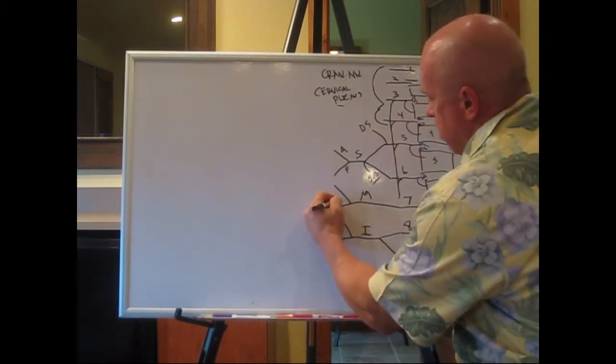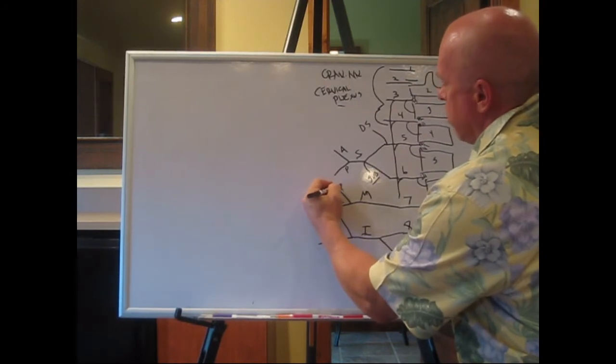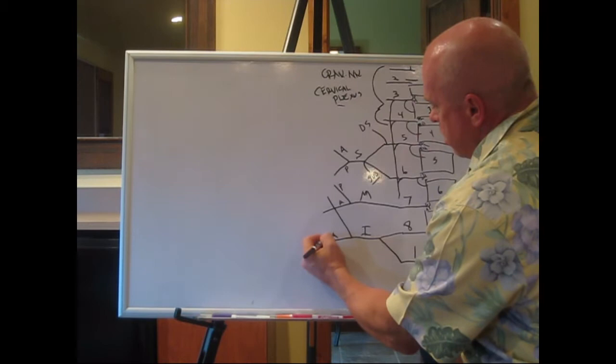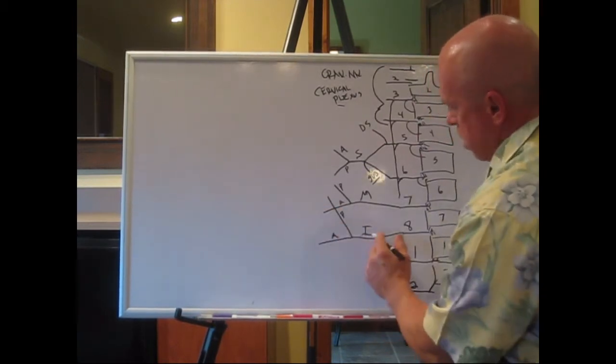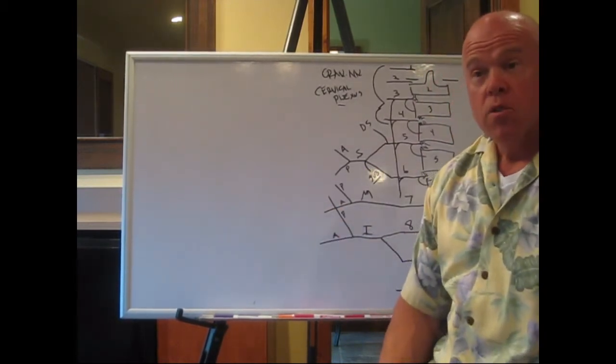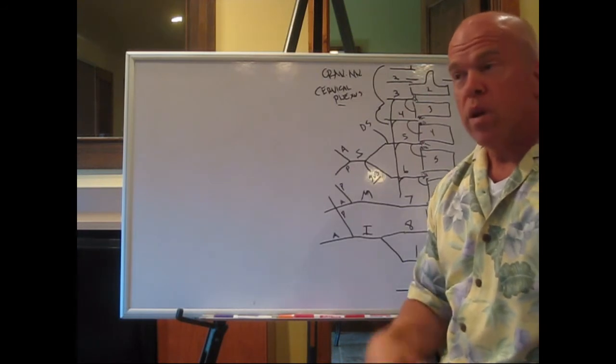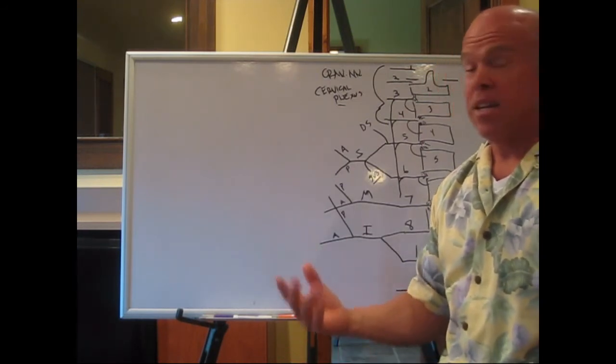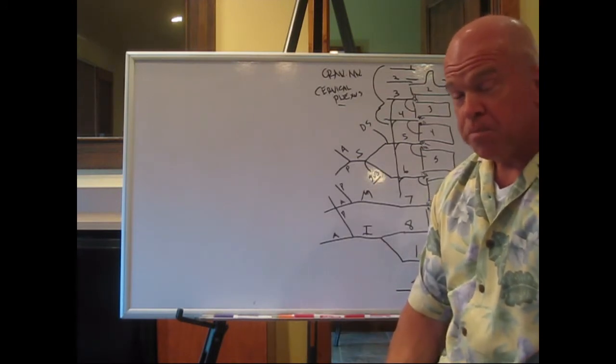We have an anterior division and a posterior division, now of the medial cord. We have an anterior division and a posterior division of the inferior cord. So we started with five nerve roots, we went to three trunks, and then we ended up with six divisions.